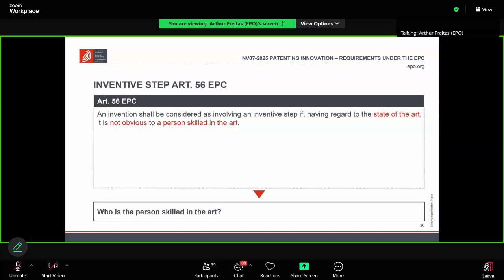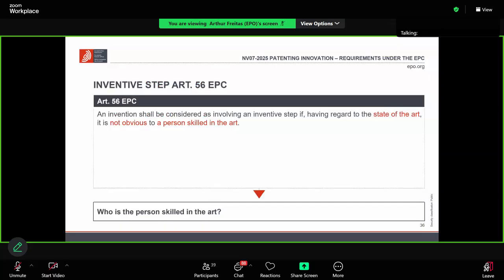So we're setting a bar here, right? Otherwise, any obvious modification would become a patent, and that wouldn't make sense. So the invention needs to be a non-obvious modification of what's out there, but non-obvious to whom? That's the question we should ask.